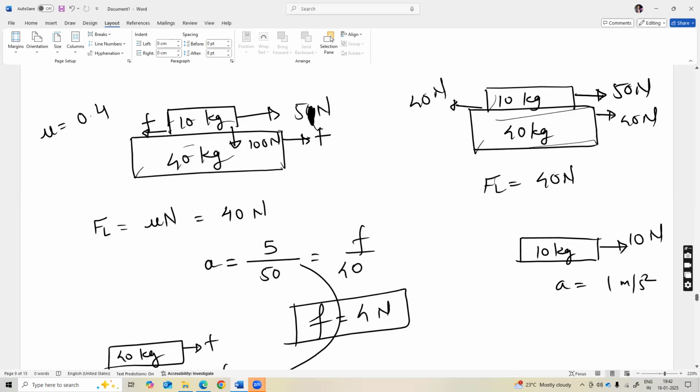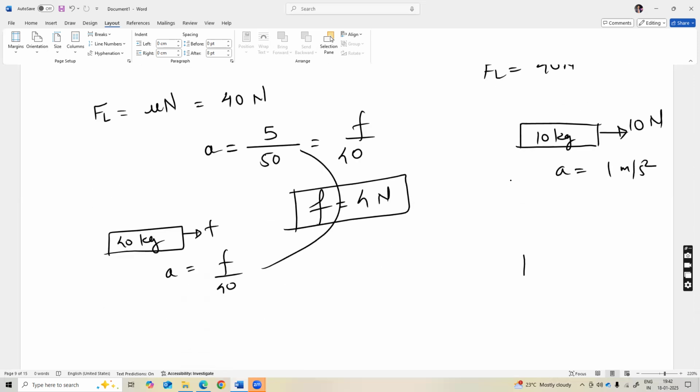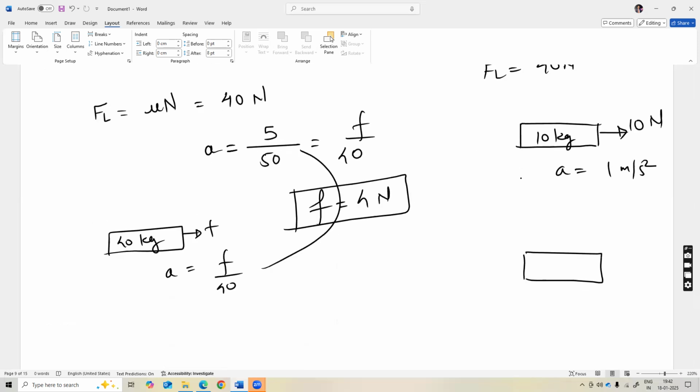So here we have found out that both the blocks are moving at the same acceleration only. In this case also, there is the 40 kg block and frictional force is 40 Newton. So it will move with acceleration 1 meter per second square.